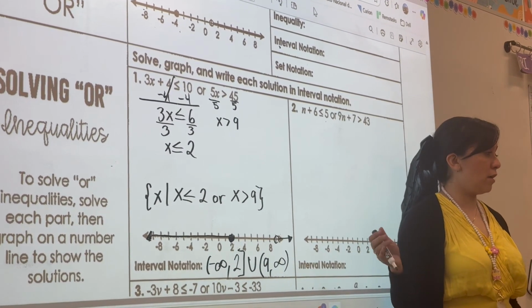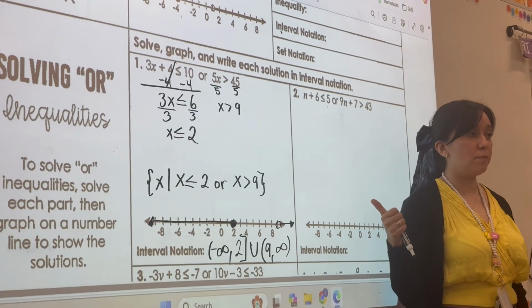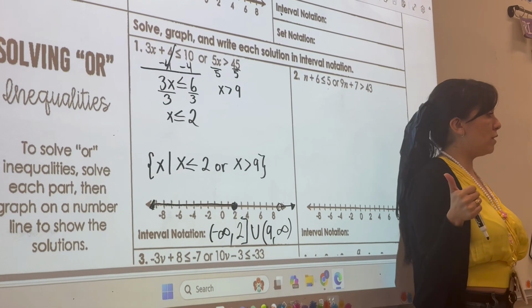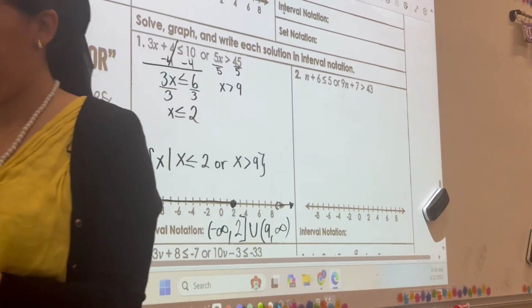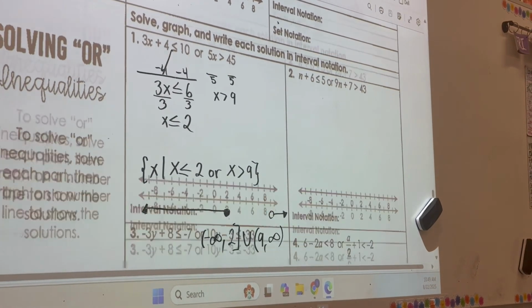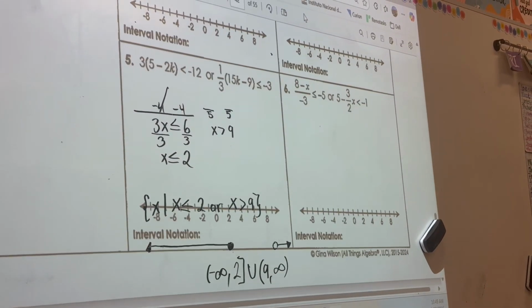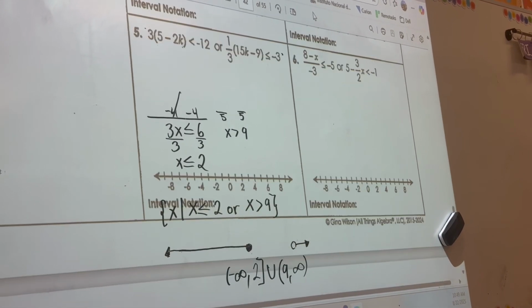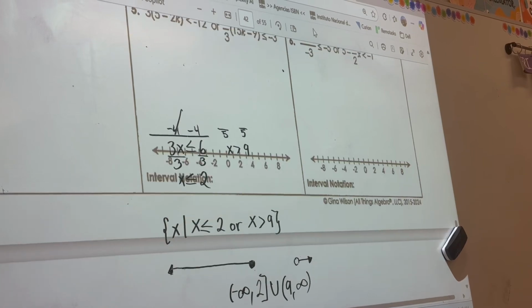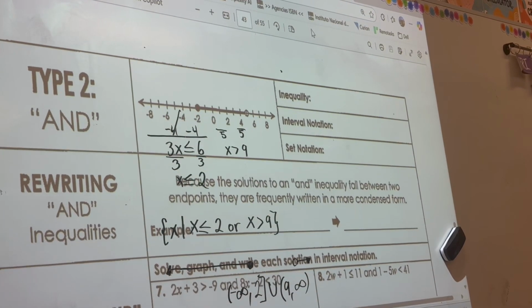Is it clear for everybody? Thumbs up? Do we need to do another one of these? No. Okay. Even the fractions and numbers 5 and 6, we know how to do it? Okay. Let's go to the AND.